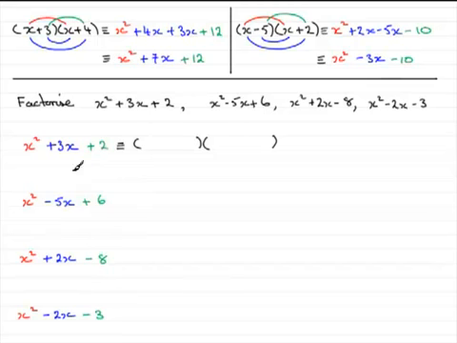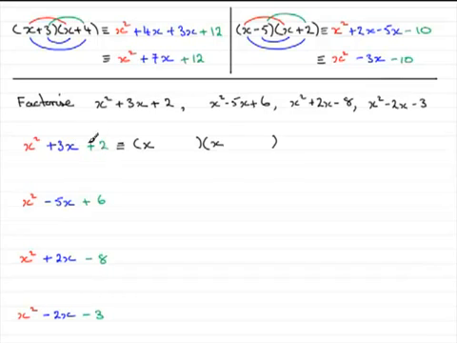And because we've got an x squared at the front here, that must have been the result of an x there and an x there being multiplied together, as you can see up here. Now we need to think of two numbers that multiply together to give plus 2, and yet group together to give a 3x. What could they be?